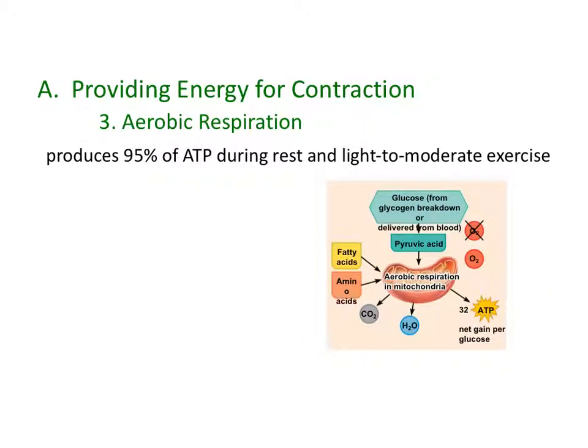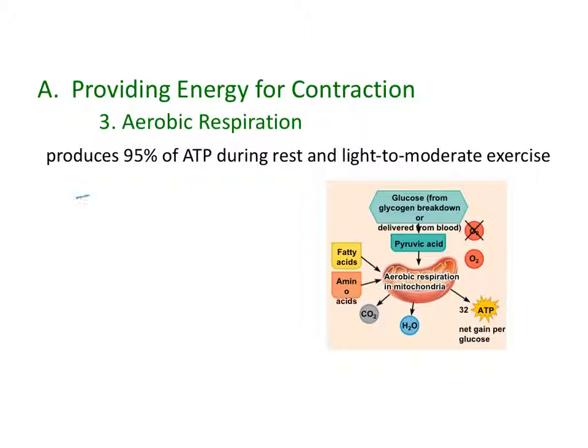The last mode of generating energy for contraction is aerobic respiration. This is the source of about 95% of the ATP that is generated when we're at rest or when we are exercising lightly or moderately.